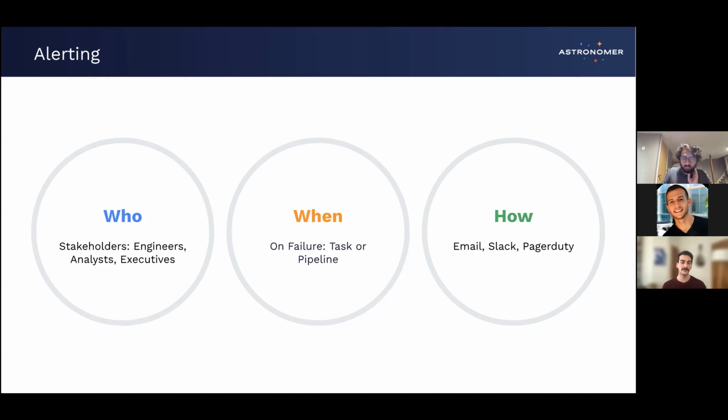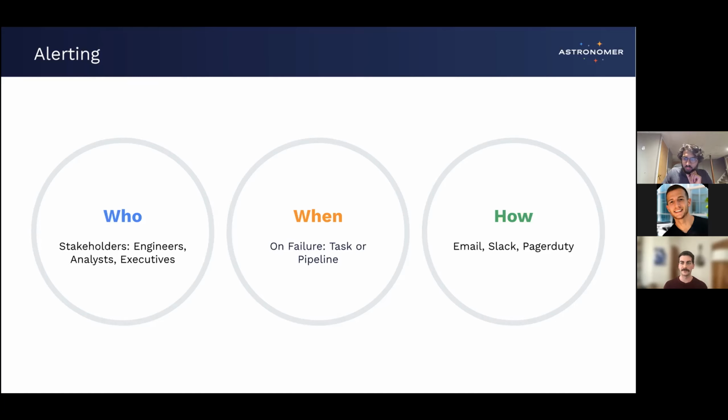The when, there's a lot of different times we can alert. Airflow is very flexible on things like pipeline failures versus just certain tasks failing. We can make sure that when tasks fail, they can alert right away. We can also see when the entire pipeline fails, and we can send alerts as well. Finally, the how: email, Slack, and PagerDuty. Obviously, a lot of orgs are using all of these or some subset of them.